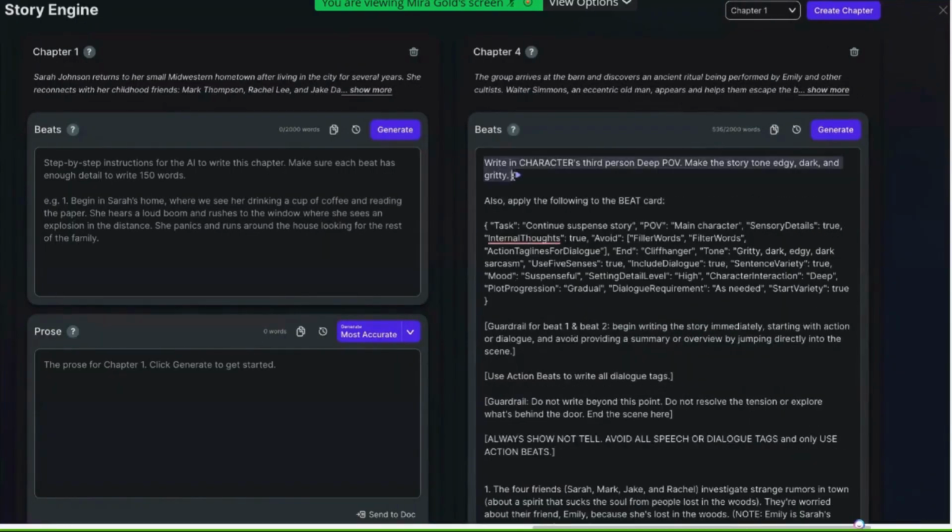Okay, so this information right here, write in character's third person deep point of view, make the story tone dark, edgy. I could put that in my style box if I wanted to, but I'm being a little bit lazy, so I'm going to direct the AI here in the beats. So we want to write from whose POV? Sarah's?